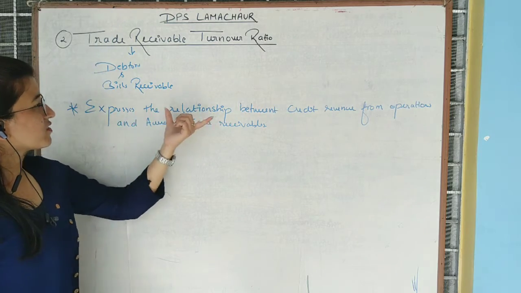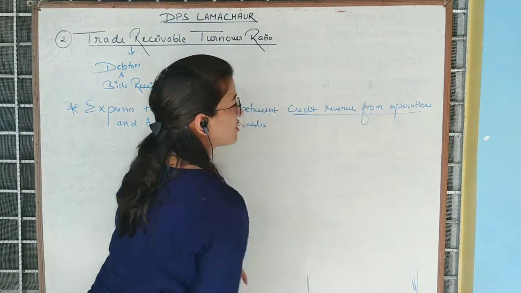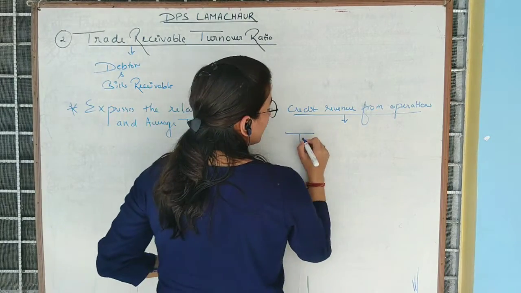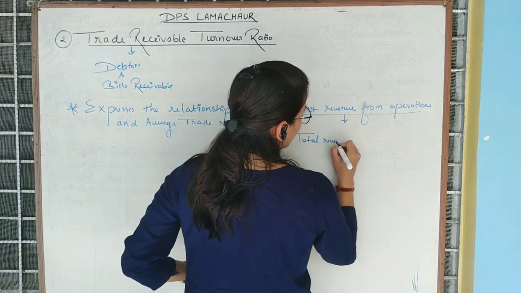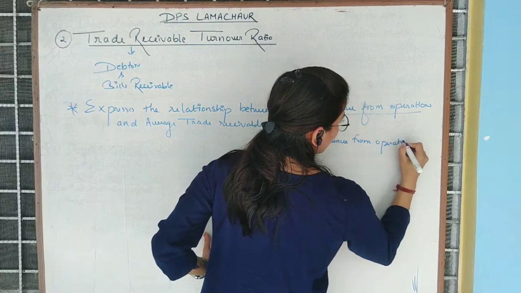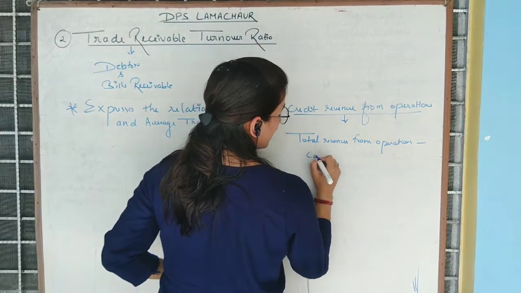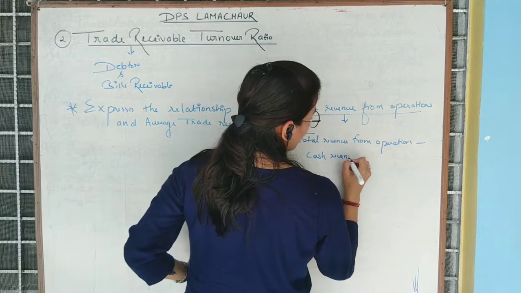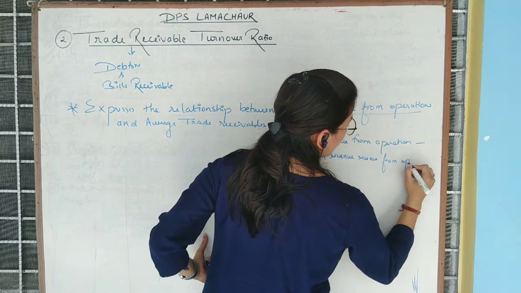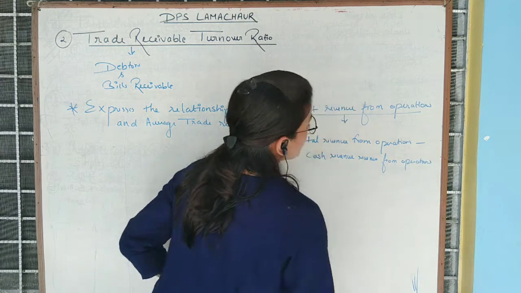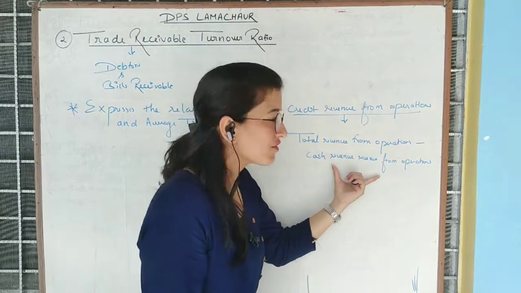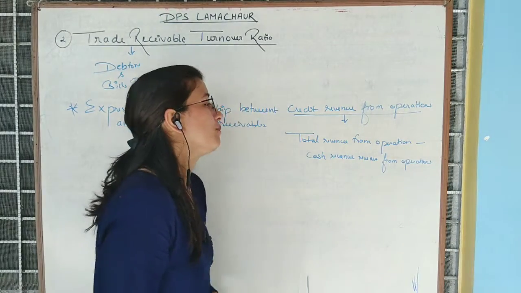Now credit revenue from operation can be calculated as total revenue from operations minus cash revenue from operations. So to calculate the credit revenue from operation, we will subtract cash revenue from the total revenue from operations.